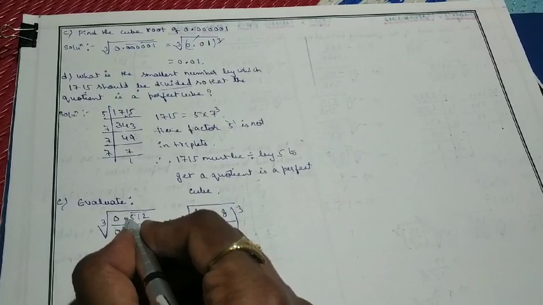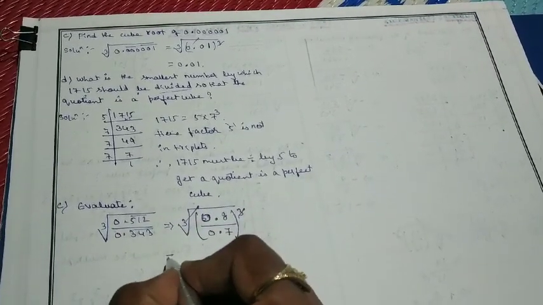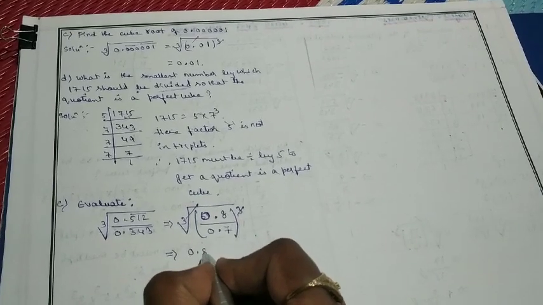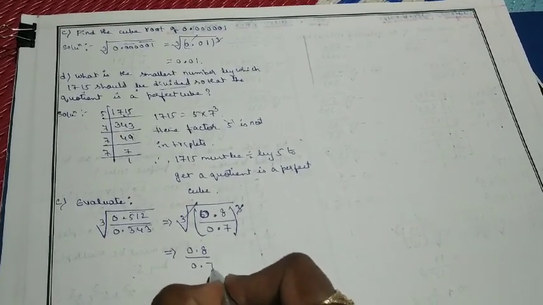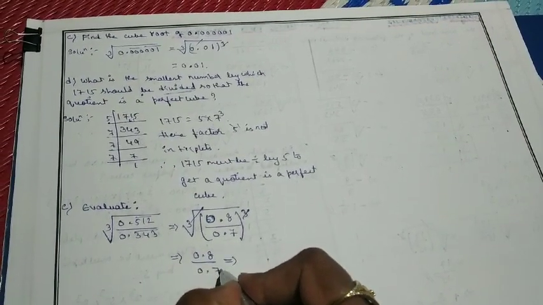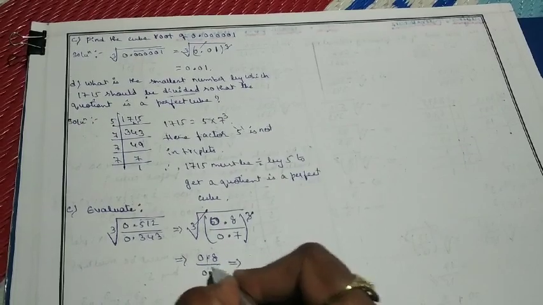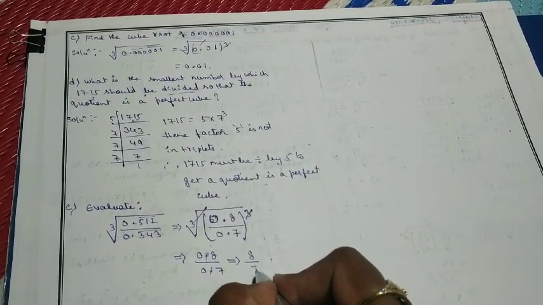Clear? Because this is a decimal, we have a decimal point. Cube and cube root get cancelled, which is nothing but 0.8 by 0.7. After the decimal we have one digit in each, so the decimal point gets cancelled, then we get 8 by 7.